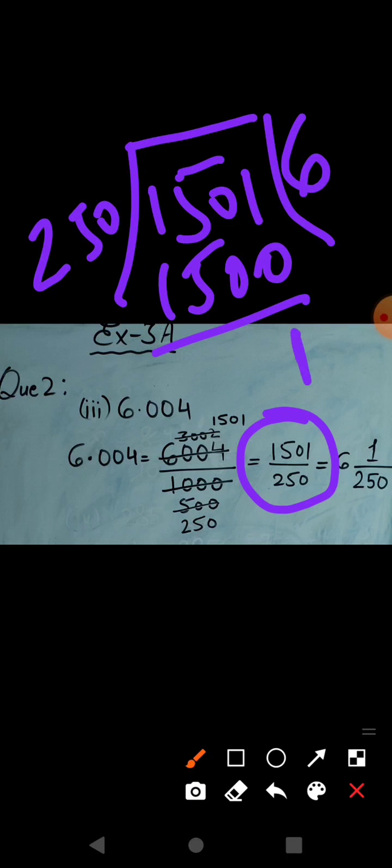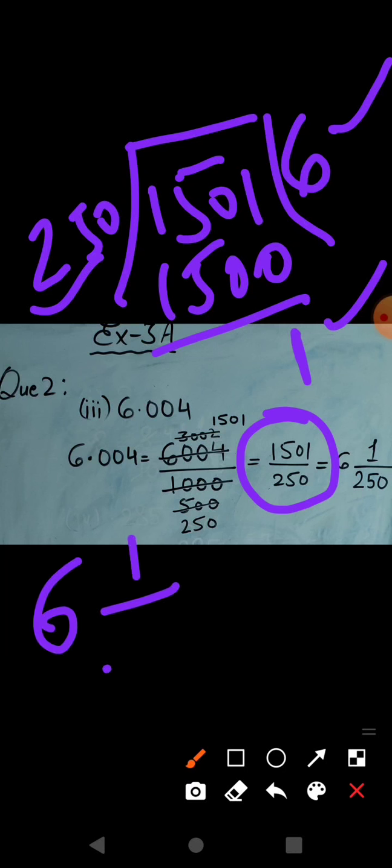So remainder will be 1 only. So this we will not convert into decimal part. If we convert into decimal it will again be 6.004. So we are writing in the mixed fraction only. So we will write as 6 whole 1 by 250. 6 whole 1 by 250 in this way.